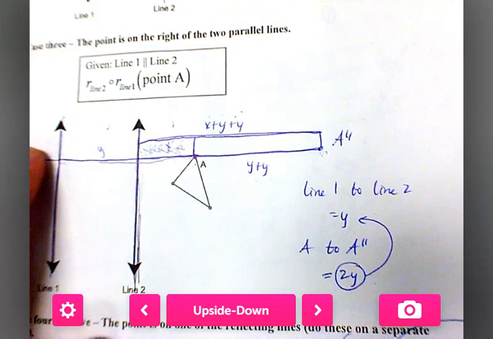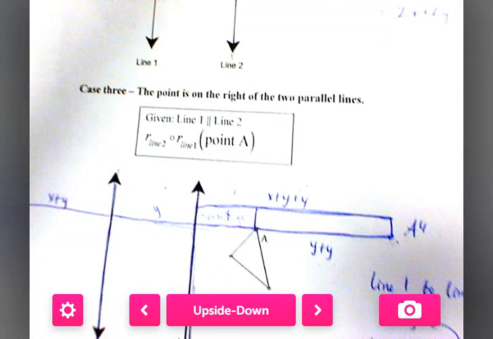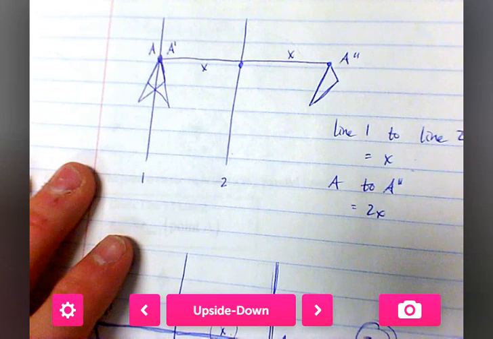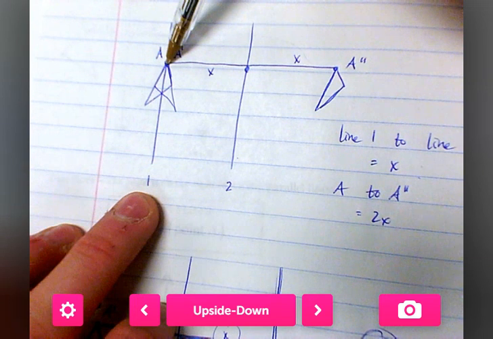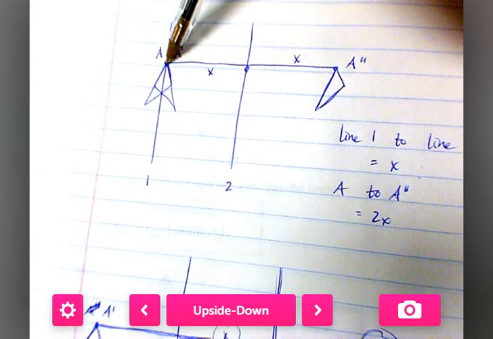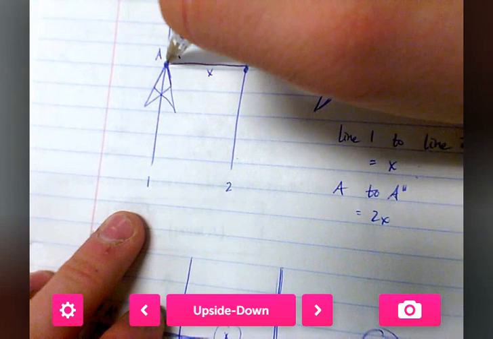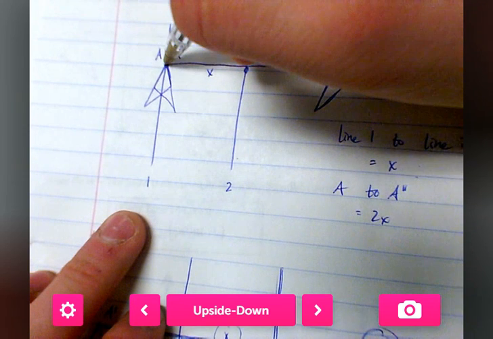Now cases 4 and 5 you're supposed to do on a separate sheet. So I did mine right here. The first one I did, I put the A over here, and I had to reflect across line 1, which is this line. And that doesn't change the spot of A at all, since A is on the reflection line, it doesn't move at all.